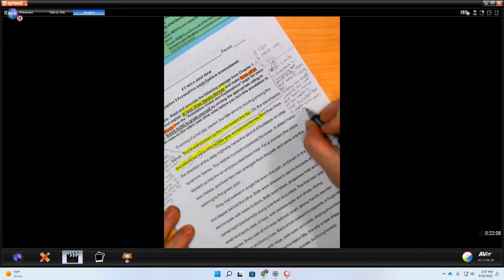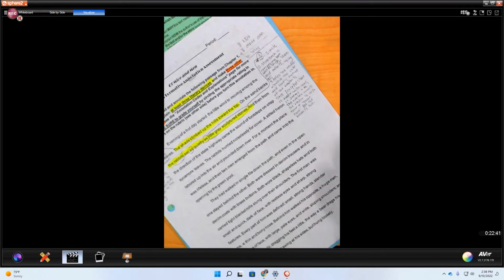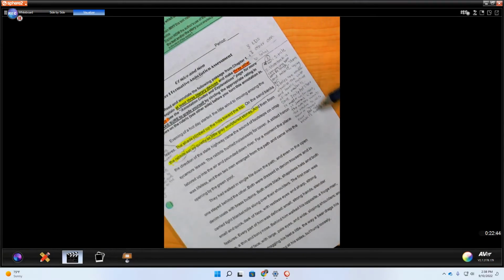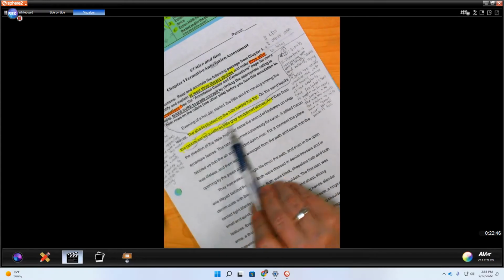It seems like the writer wants the reader to also have great care for rabbits too. Okay, so we've defined how the use of this simile has enhanced the text somehow.